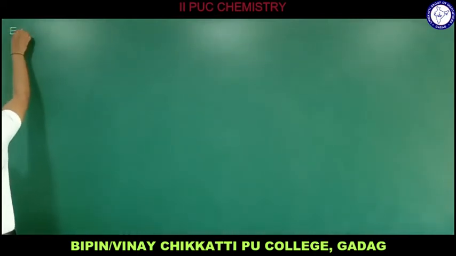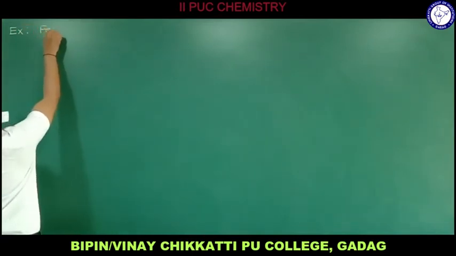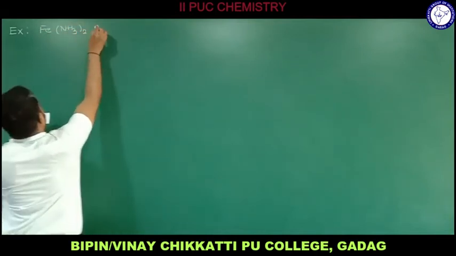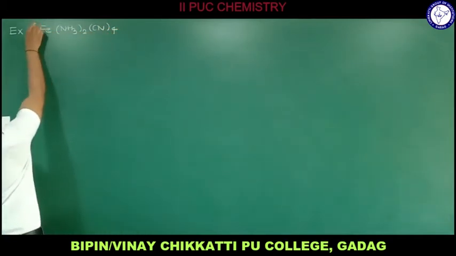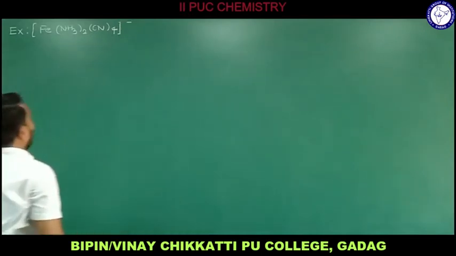Let me write the formula of the coordination complex: Fe(NH3)2(CN)4, and the charge of this complex is minus, so it is an ionic complex.